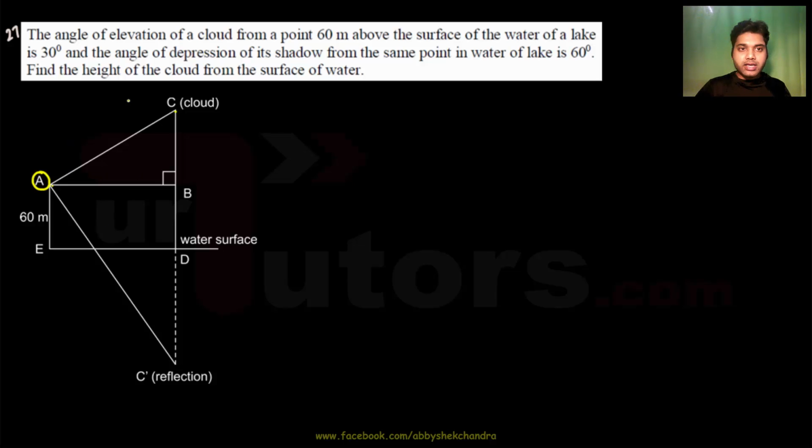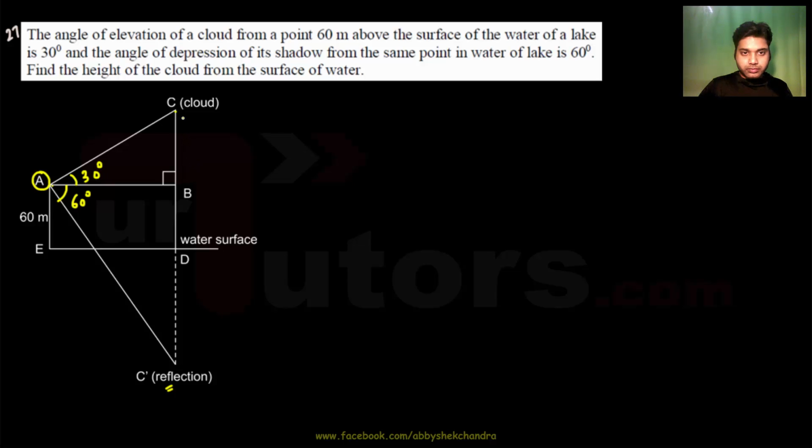Now it's given that the angle of elevation here of the cloud from A is 30 degrees, right? Now the angle of depression of its shadow from the same point. So let's say the shadow or the reflection is formed at C dash, so this angle of depression is given to be 60 degrees. We need to find the height of the cloud from the surface of water.